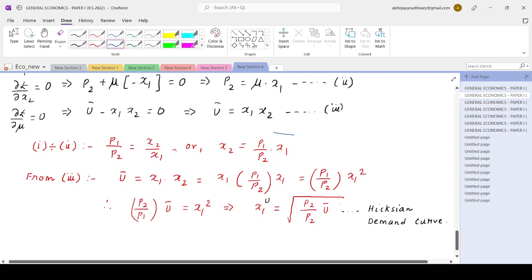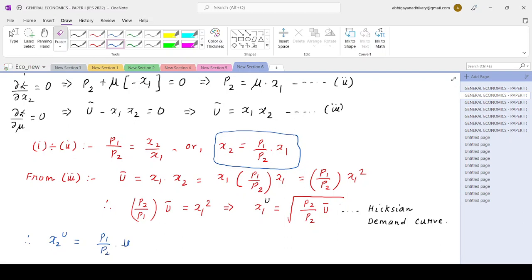And from this expression right over here, the Hicksian demand curve for good 2 will be p1 by p2 times x1.